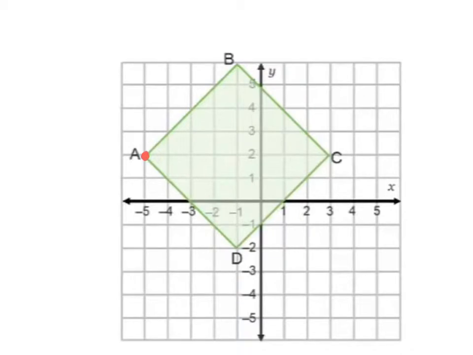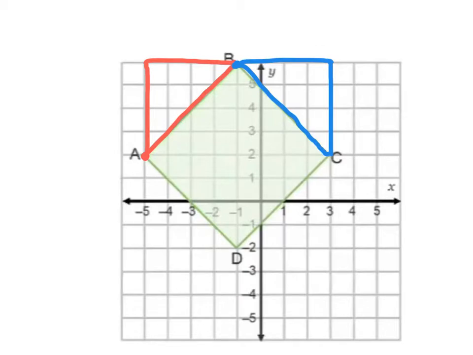So if I look at points from A to B, I need to think about the lengths there. I'm going to draw in the values for BC, and then I'm going to do the same thing for AD, in a different color.